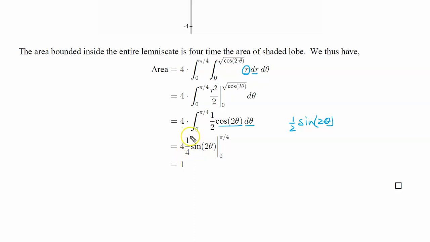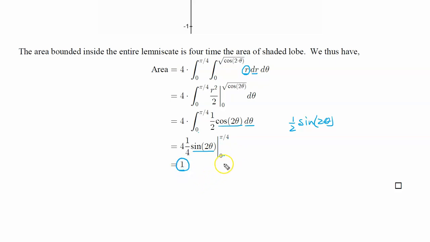That's where that 1/4 is coming from. And then we are multiplying by 4, so of course this all cancels. Then we just have to evaluate the sine of 2 theta from 0 to pi over 4. Put pi over 4 in for theta, 0 in for theta, and you'll get 1.